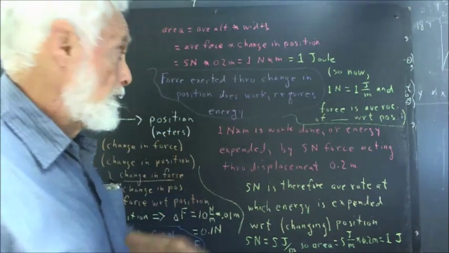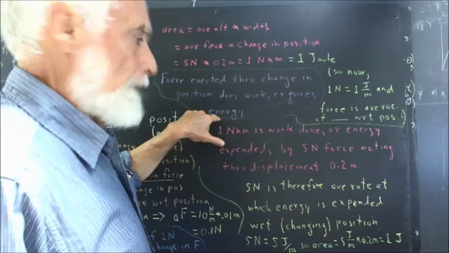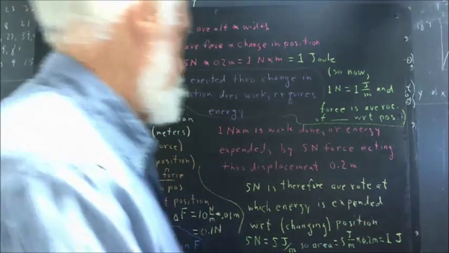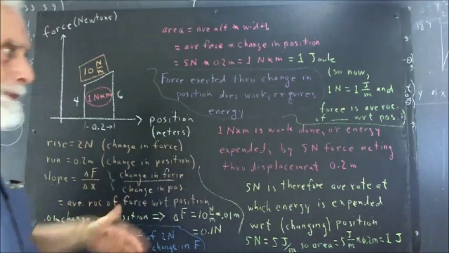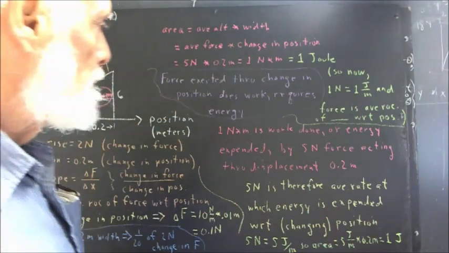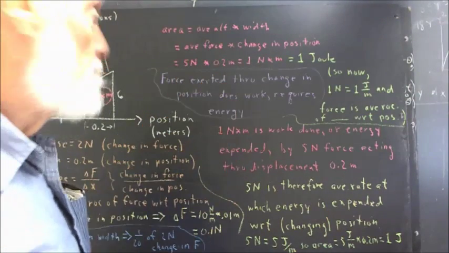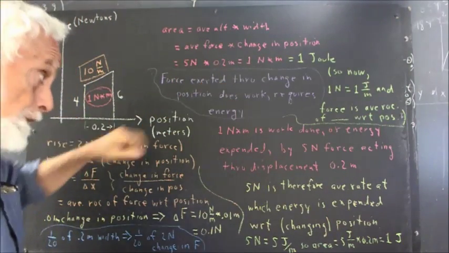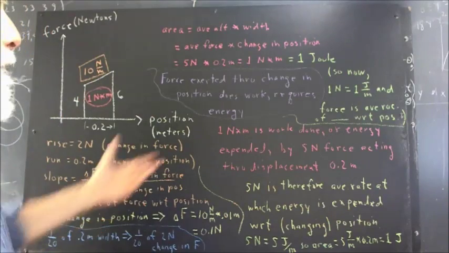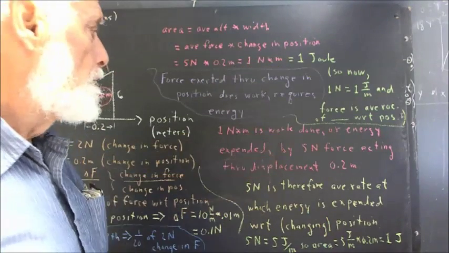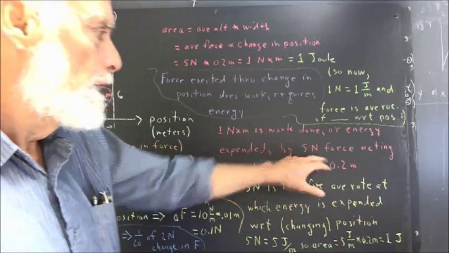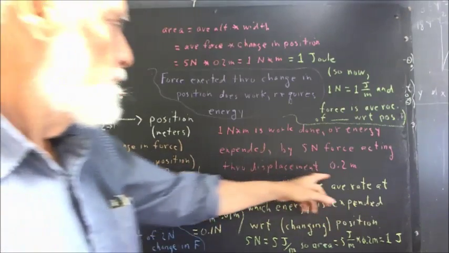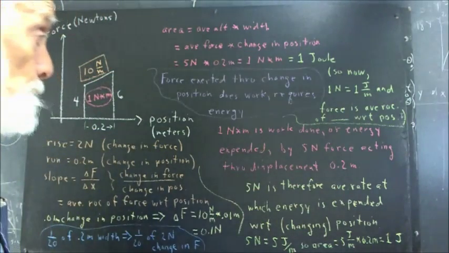I'm going to feel it that way. And it requires energy and results in a change in energy within a system. Now that's all pretty vague and needs to be made very specific, but that's the general idea. So we say that this 1 newton meter is the amount of work done or the energy expended by the 5 newton force acting through displacement 0.2 meters.